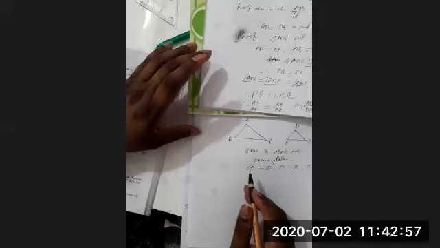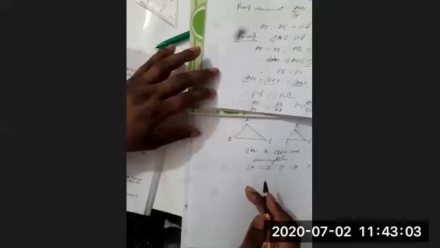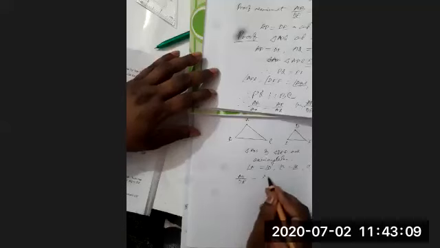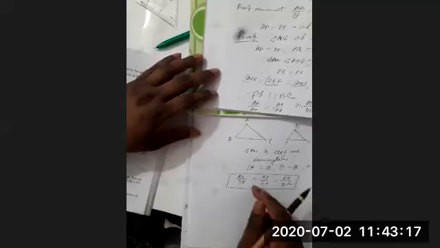When the matching sides are proportional, AB by DE equals BC by EF equals AC by DF, that is the condition we have to prove, and it is called the similarity of two triangles.